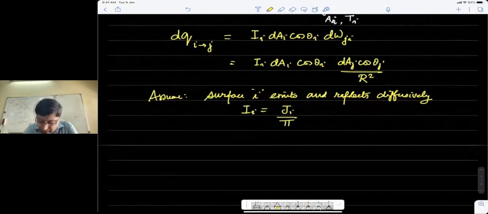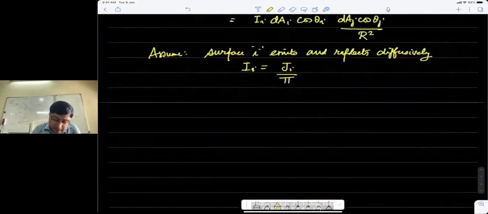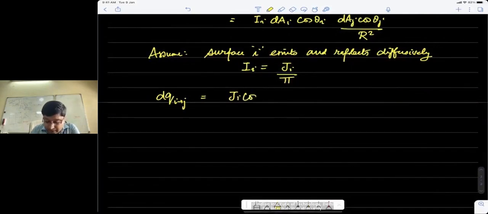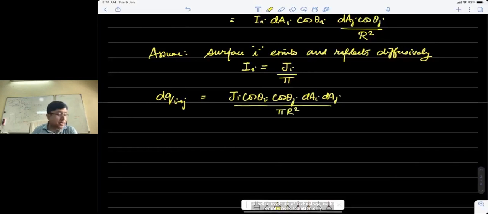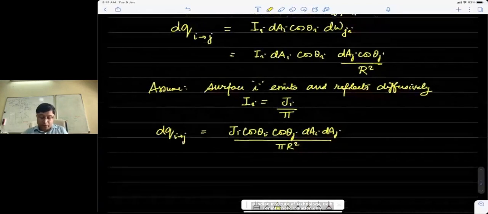which we did earlier. So once we have this, we can now write dq i to j as Ji cosine theta i cosine theta j dAi dAj by pi r square. And so this is the amount of radiant energy going from surface dAi to dAj.